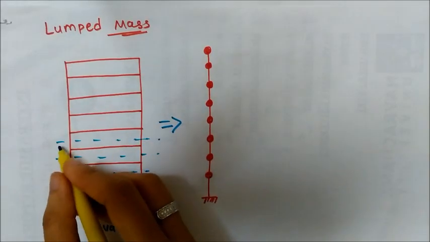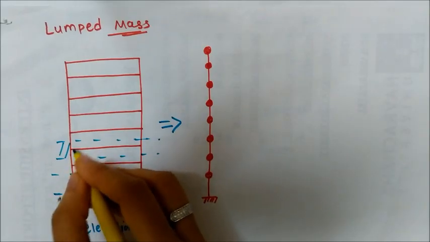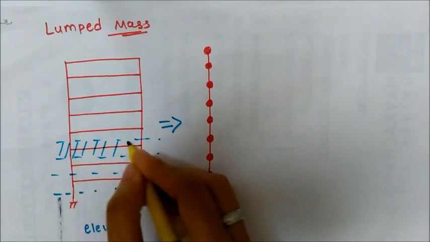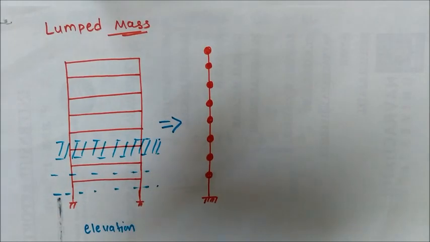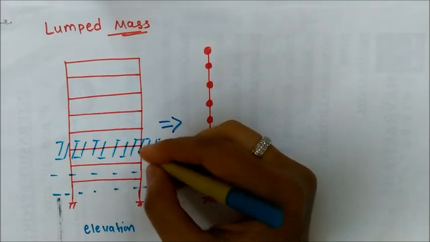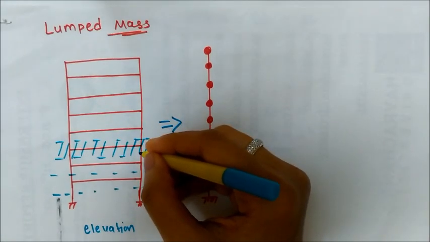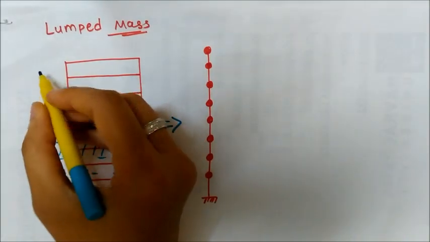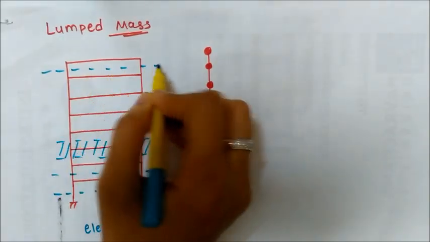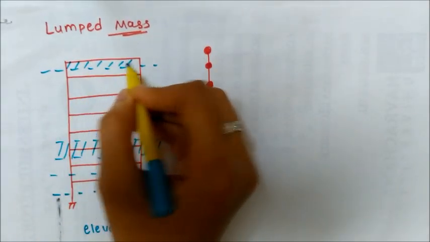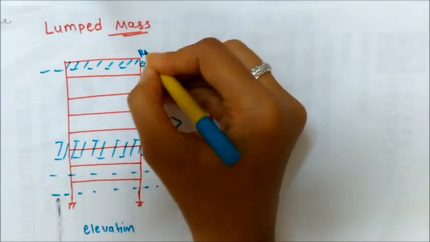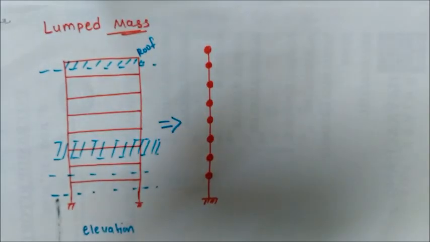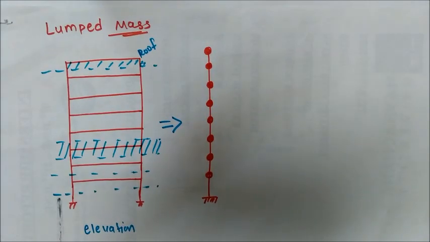To calculate the story weight for a particular story, we consider half of the bottom story and half of the upper story, and the only remaining portion will be the half of the top one, which is the roof. So for the roof structure we consider only half of the story of the upper portion.